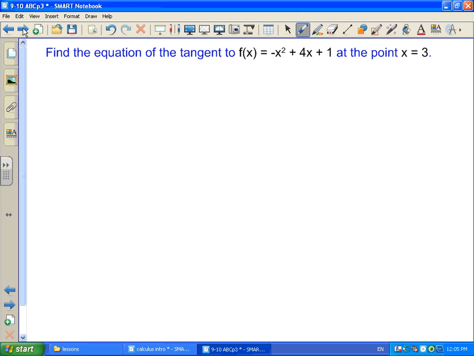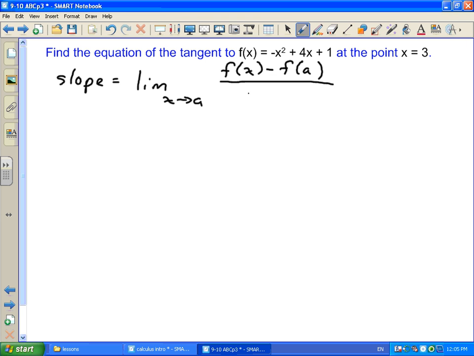Let's start with our expression for slope. It's going to be the limit as x tends to a of f at x minus f at a over x minus a.